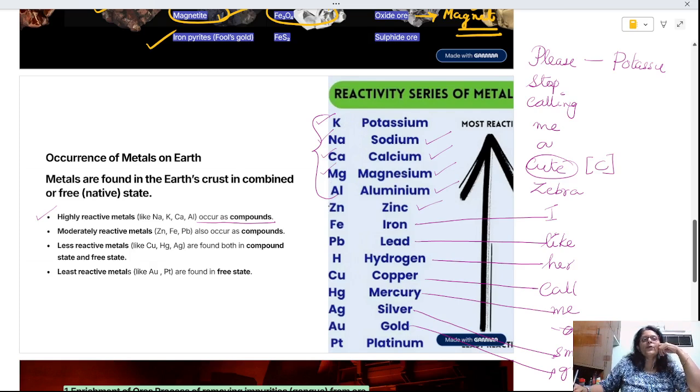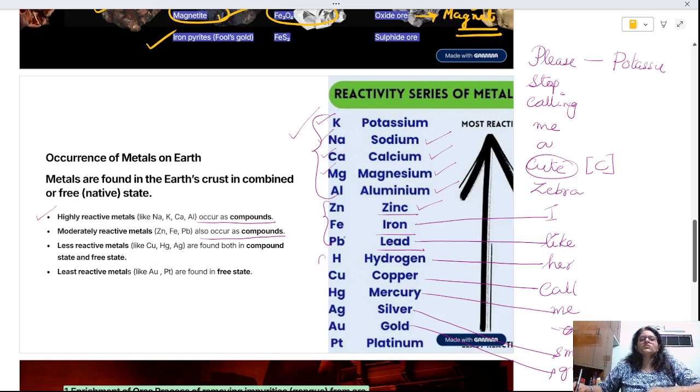And then comes the moderately reactive metals, that is zinc, iron, and lead. These also occur in their compounds, but they are a little difficult to find, but still they are there. The extraction method used for the highly reactive ones and for these moderately reactive ones will be different from each other because of the difference in reactivity.